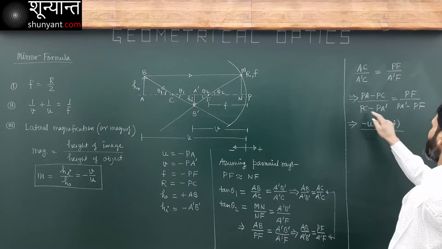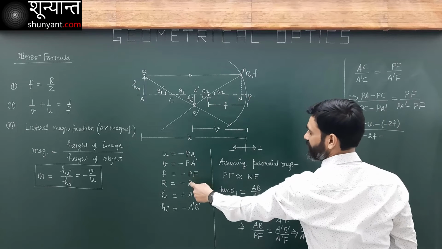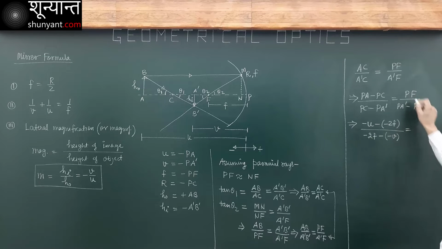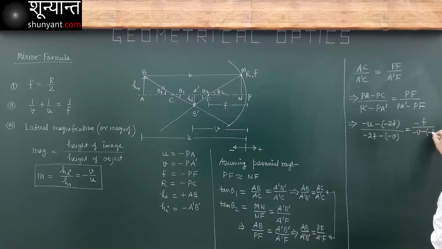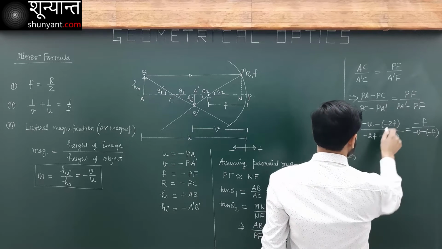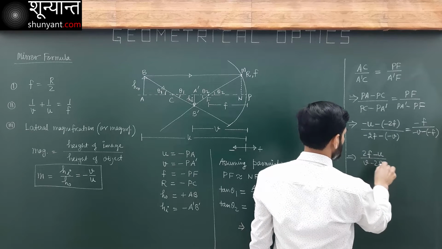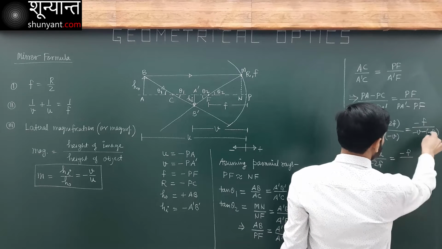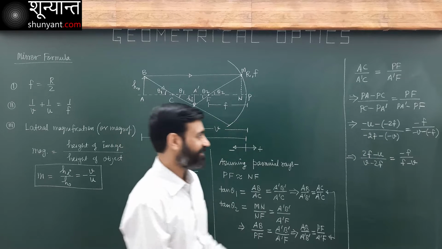Divided by PC, which is minus 2F, minus PA dash, which is minus V, is equal to minus F over PA dash, which is minus V, minus F. So here I have minus 2F minus U over minus V minus 2F is equal to minus F over minus F minus V. Let's see where we are heading towards.